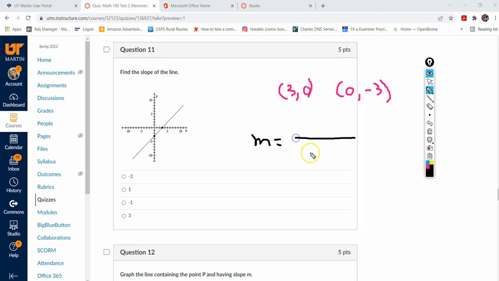It's going to be change in y over change in x. So this y coordinate minus the y coordinate of that one, divided by the x coordinate of this one minus the x coordinate of that one. So in the numerator I get -3, in the denominator I get -3, and those reduce down to +1. The negative signs cancel and 3 over 3 is 1. So I want to choose the answer 1.